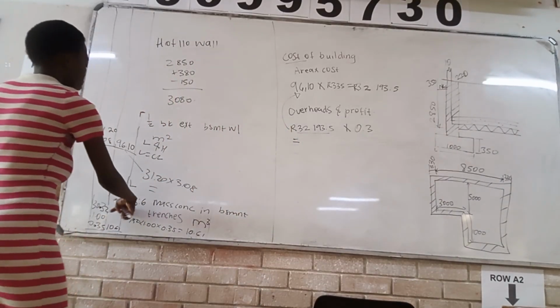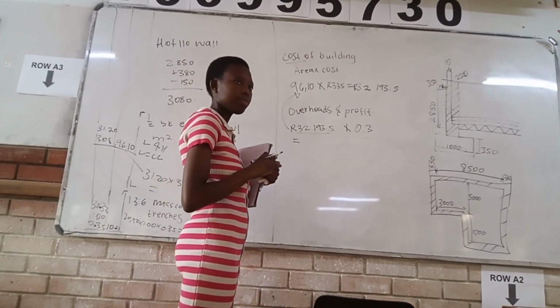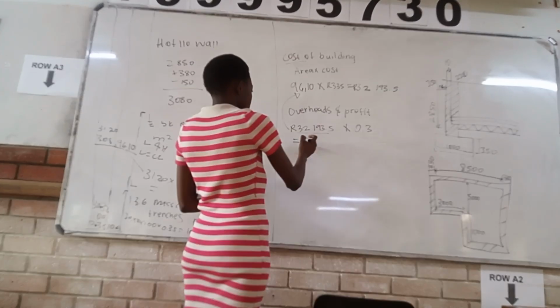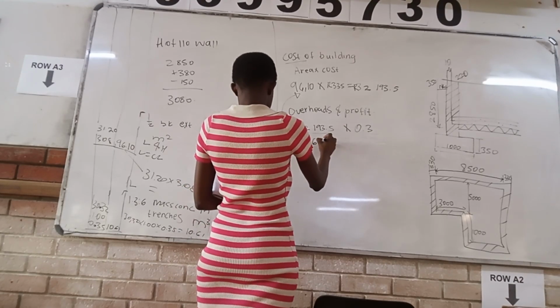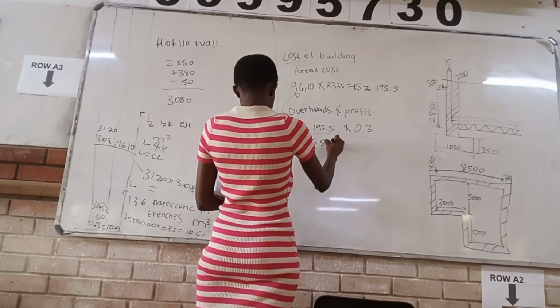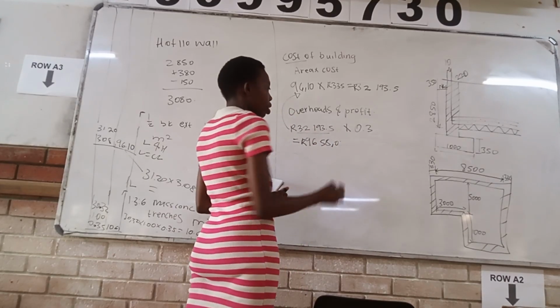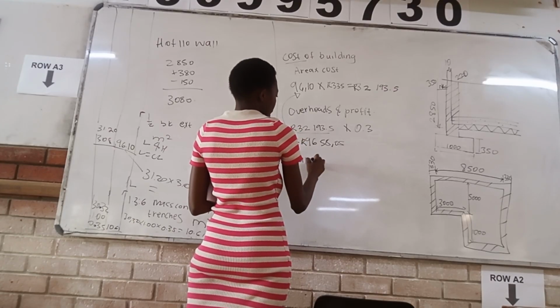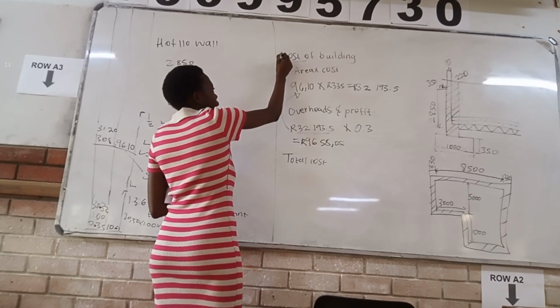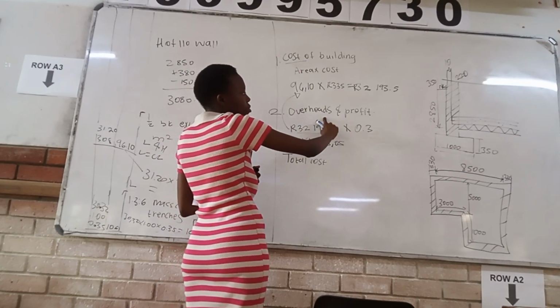What do we get? 9658,05. And then now we need to calculate the total cost. Cost number 1 is the cost of the building, and number 2 is the overhead and the profit.